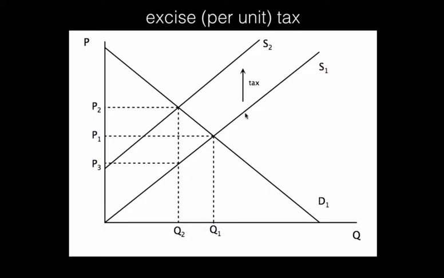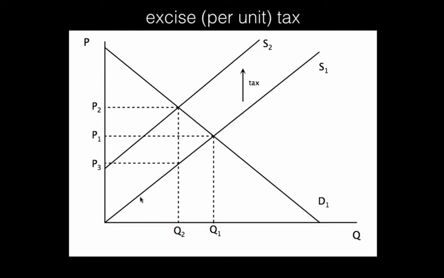So first we're going to put the tax on sellers. Sellers are going to be responsible for paying this tax, and remember, your supply curve is your willingness to sell at particular prices. If sellers are now going to have to pay this tax, and this vertical distance is the dollar amount of the tax, then P2 minus P3 is the size of the tax.